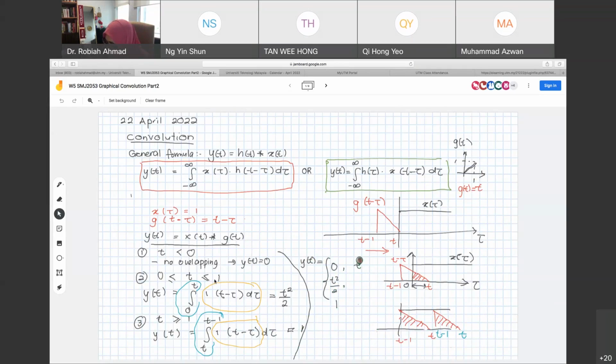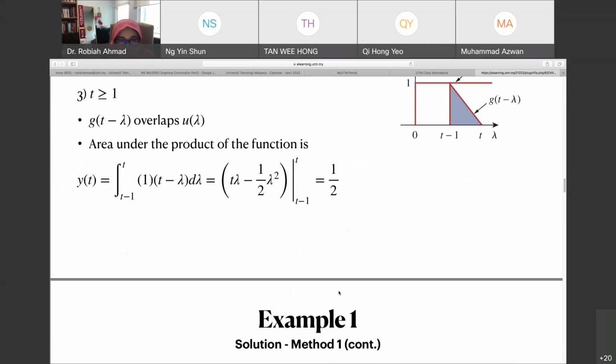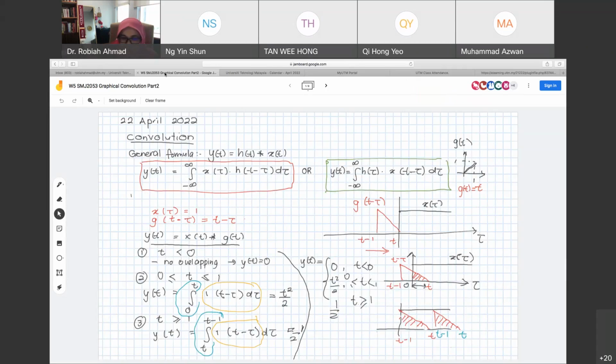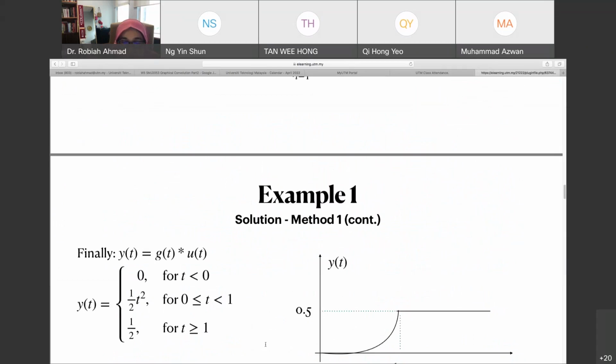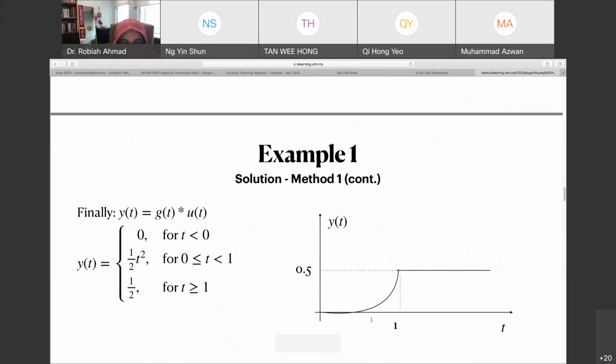T less than 0, T between 0 to 1, T more than 1. Let us look at the mistake. This one is half. Okay, I change it back, so I make it half, half. Okay, so let us look at how it looks like. So something like this.